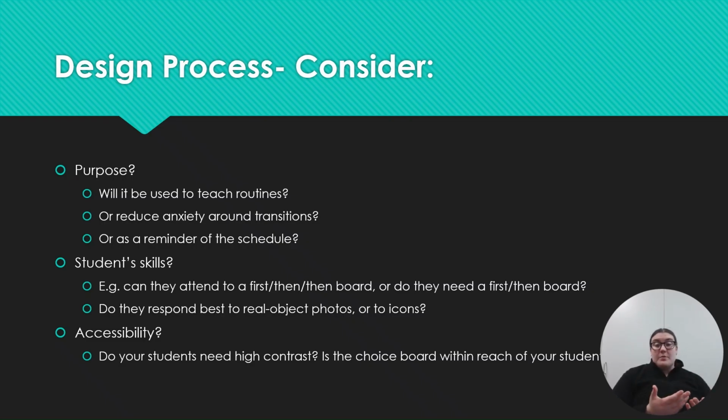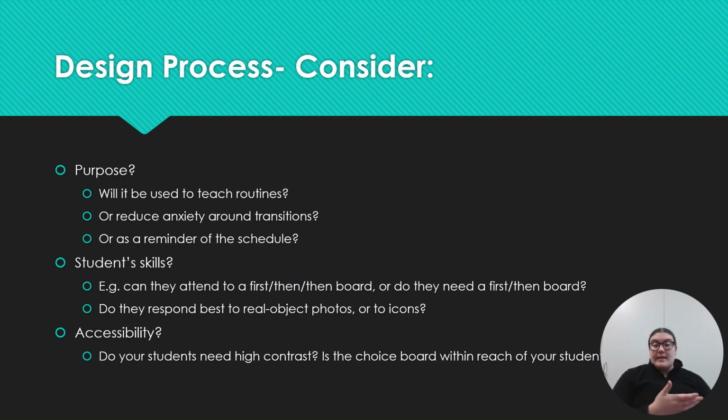The majority of students will respond fine to symbol-based visual supports, but some students will need photos or objects. Please talk to your speech pathologist if you are unsure where your student sits on that continuum. And lastly, accessibility. For example, does your student need a high contrast communication aid?